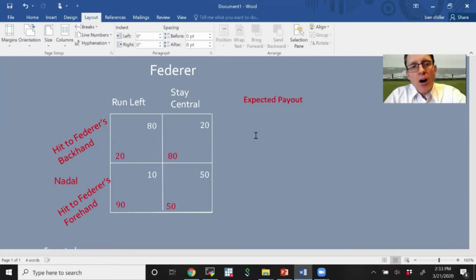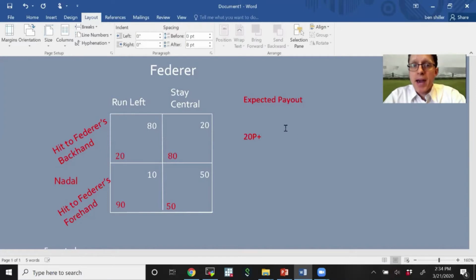If Nadal hits to Federer's backhand side and Federer runs left, then Nadal's payout or probability of winning the point is 20. Okay, so he gets a payout of 20 with a probability P, where P is the probability that Federer runs to his left.